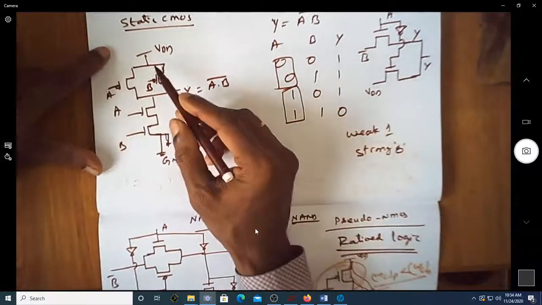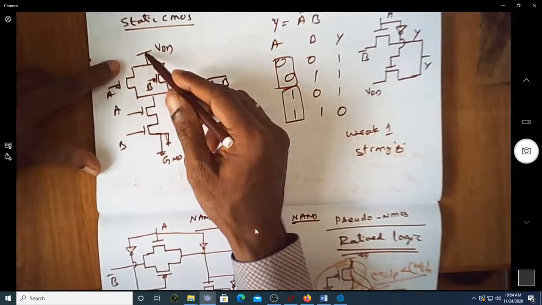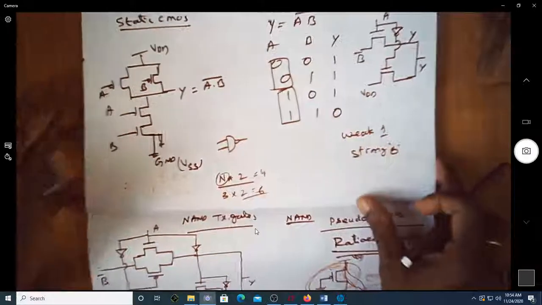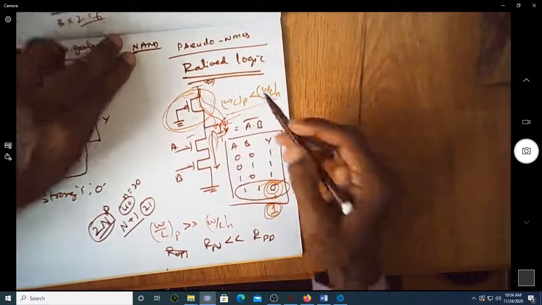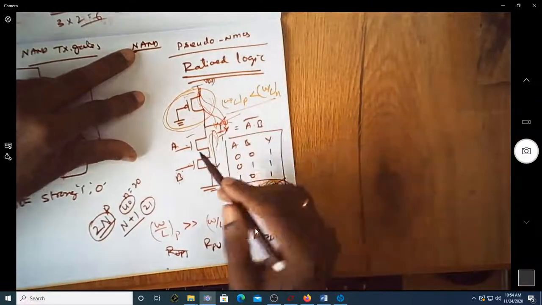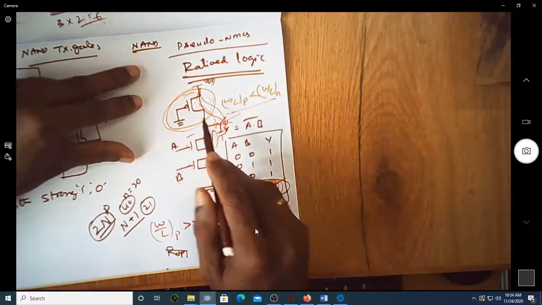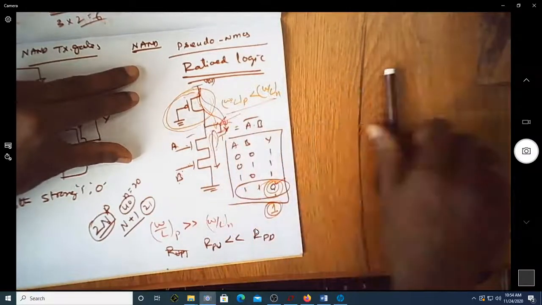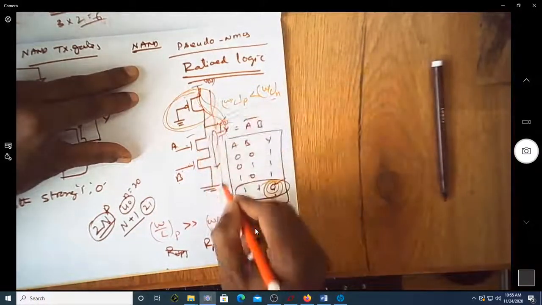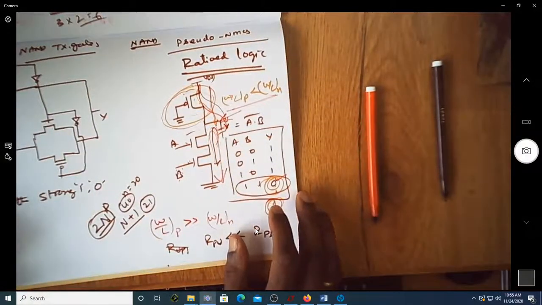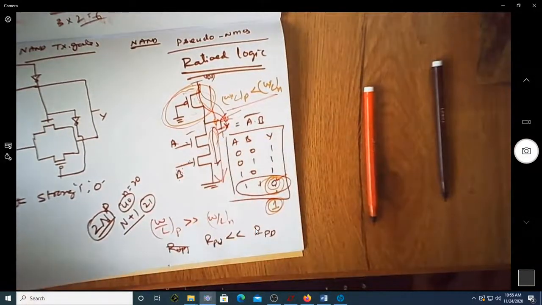That is, there is no rail-to-rail connection from VDD to ground in the static CMOS implementation, whereas in case of pseudo NMOS there is a possibility of static power dissipation, because when A and B are equal to 1 1, since this pull-up transistor is always on, there is a possibility of static current flowing from VDD to ground. So this will certainly increase the static power dissipation of this pseudo NMOS.